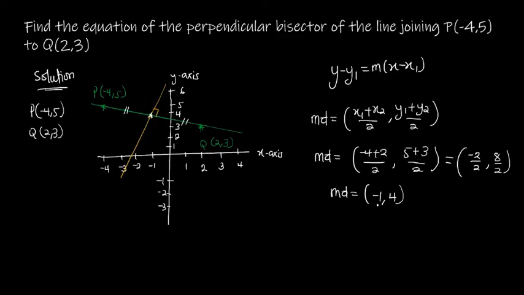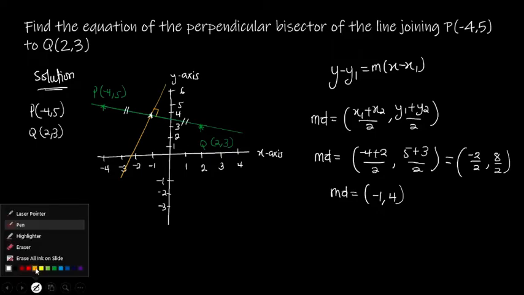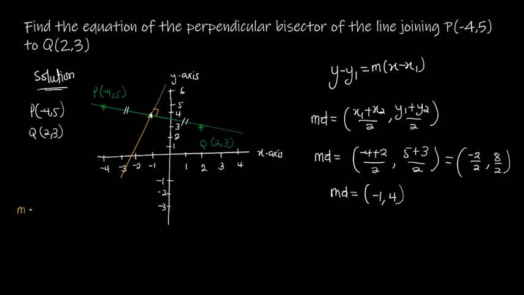Alright, so now that we have the midpoint, let's go ahead and calculate the gradient of the line PQ and use that to find the gradient of the perpendicular bisector. So the gradient m of the line PQ, let me use a different color for that. So the gradient of the line PQ will be equal to y2 minus y1 on x2 minus x1.